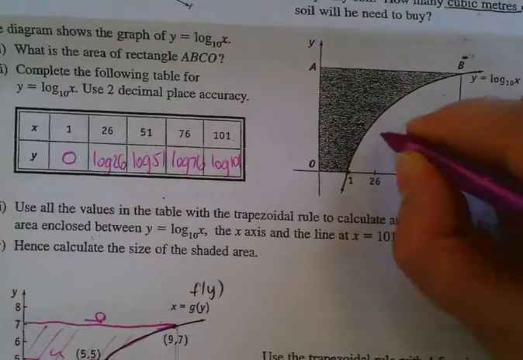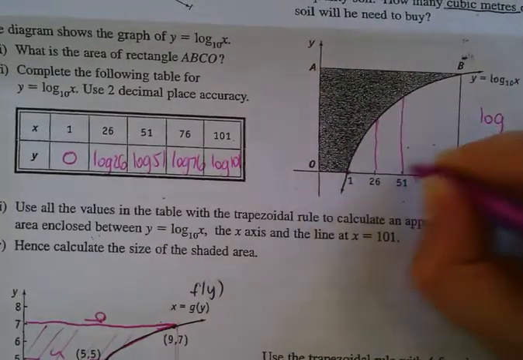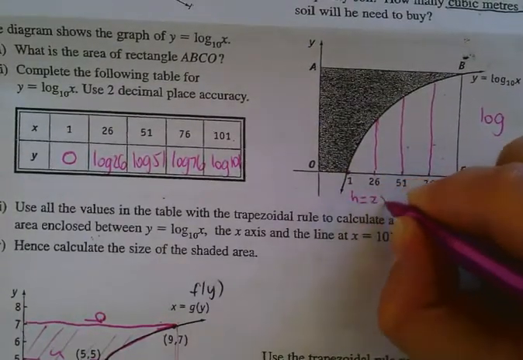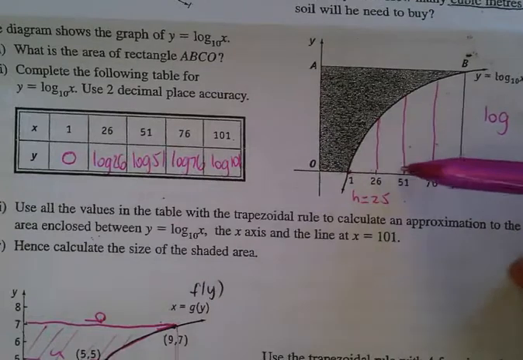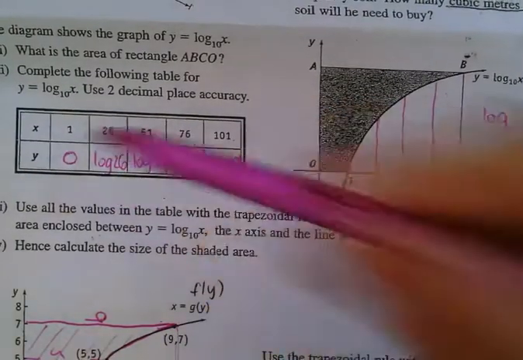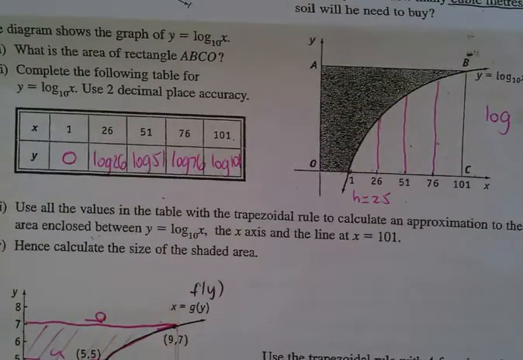What's the distance between 25? Yeah. So h is 25 in that question. And how many values are you substituting? 5. There's 4 subintervals, 5 function values, and the function values in this case are the y values.